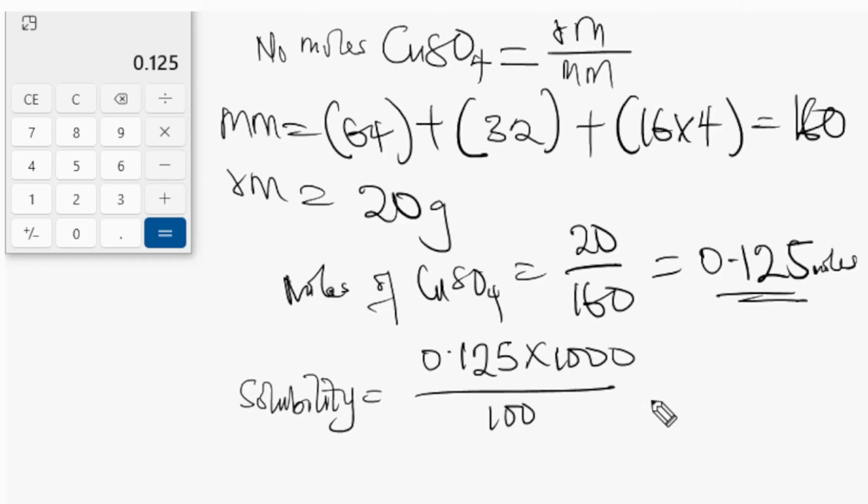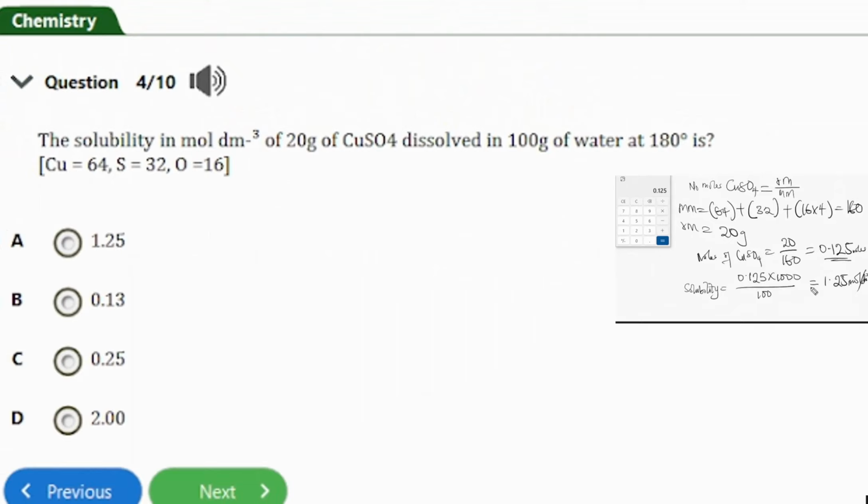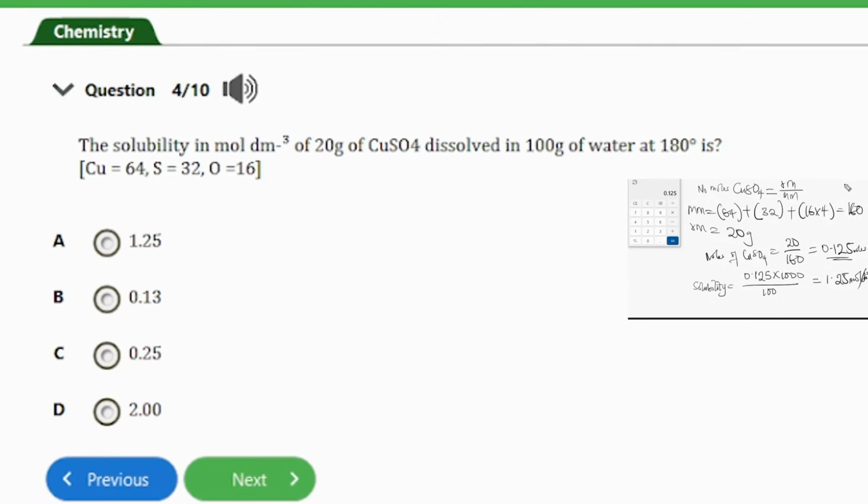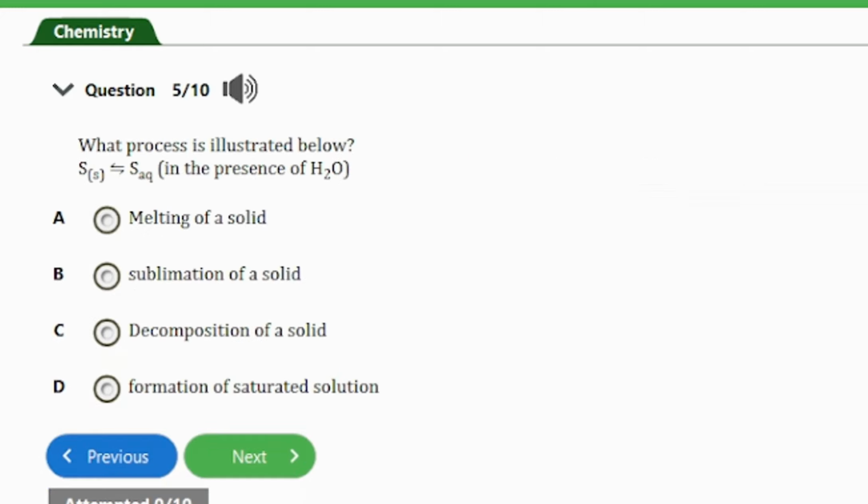That's the solubility of 100 grams of this. And that will be 1.25 moles per dm cubed. So that's it for that question, and option A is the answer to this question. So let's go ahead and wipe this, and then let's consider the next question.